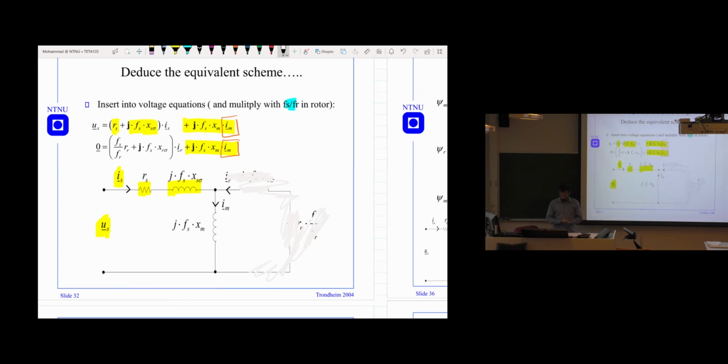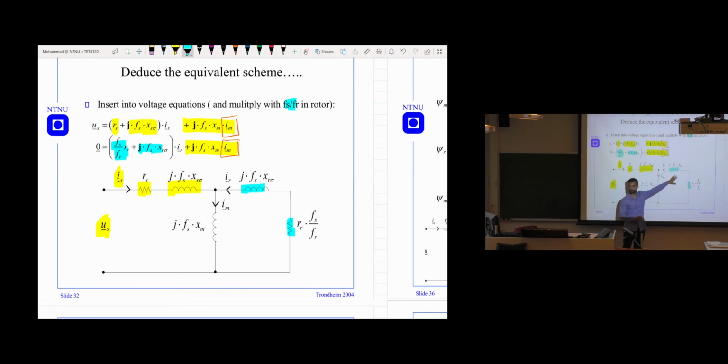Now for the second equation, we see that this magnetizing part is common, so we kept it common. Then we have the second part, the drop across the resistor and another drop across the leakage reactance, and we put both parts there.